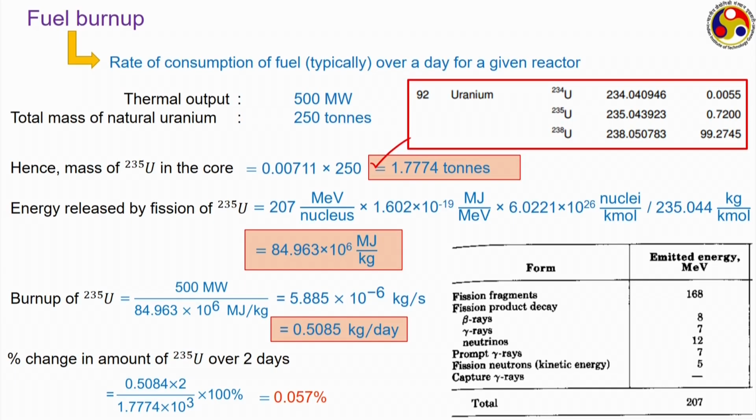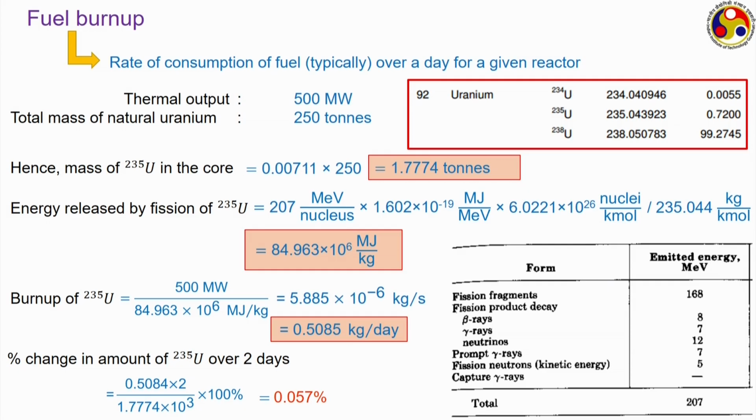Practically, that is of course not done because of several other reasons, but still once we have loaded the reactor with a certain quantity of fuel, we can keep on using that for a long period of time. Now, let us compare this with a conventional coal based power station.